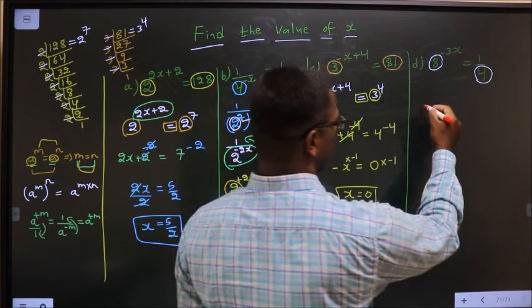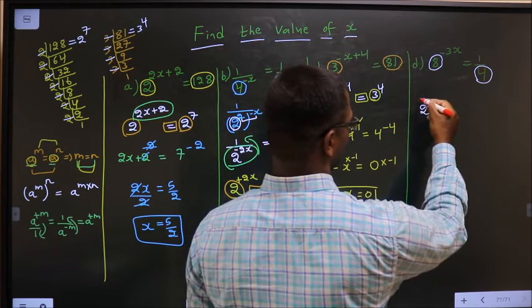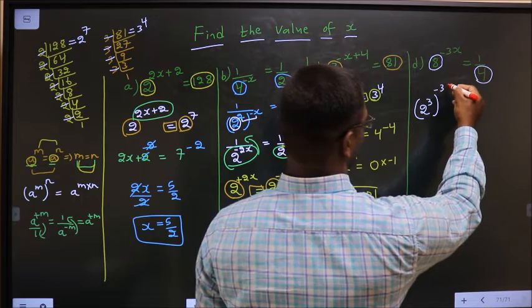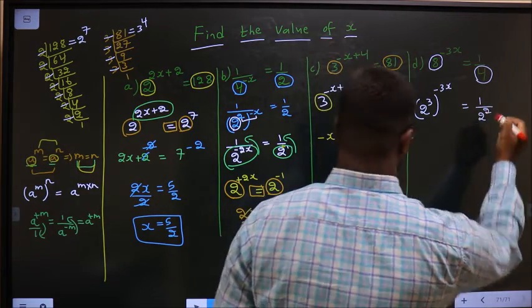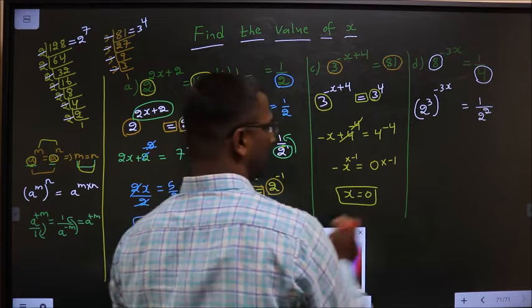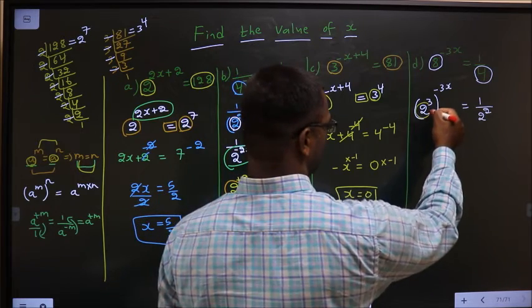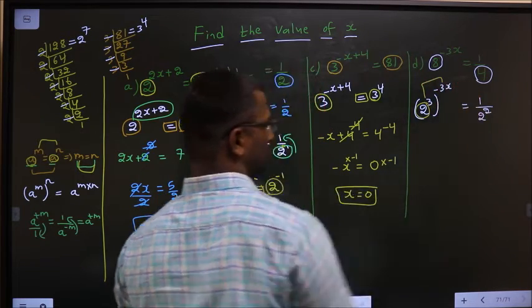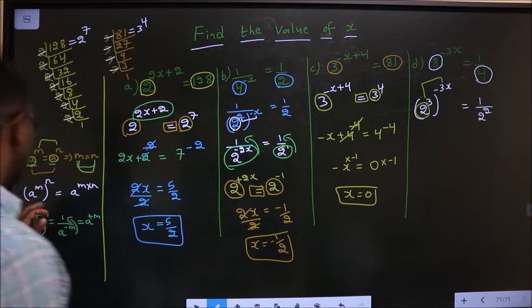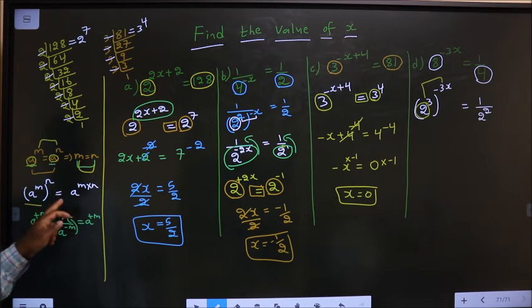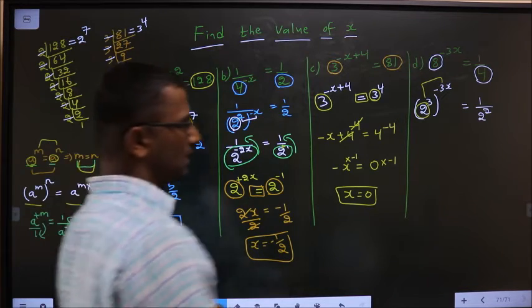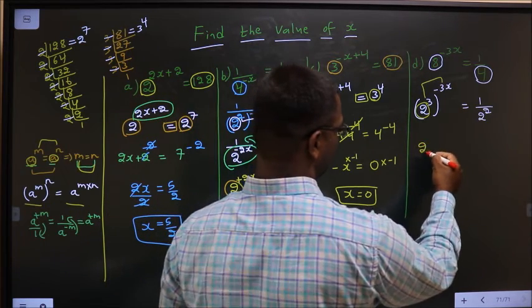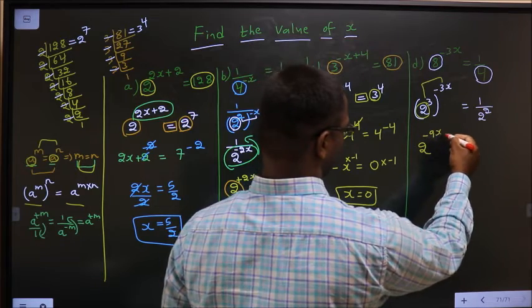So 8 is nothing but 2 power 3, power minus 3x and 4 is nothing but 2 power 2. Okay. Now your observation is one base has got multiple powers. So whenever one base has got multiple powers, the result is multiply the powers. So this will become 2 power 3 into minus 3x is minus 9x.